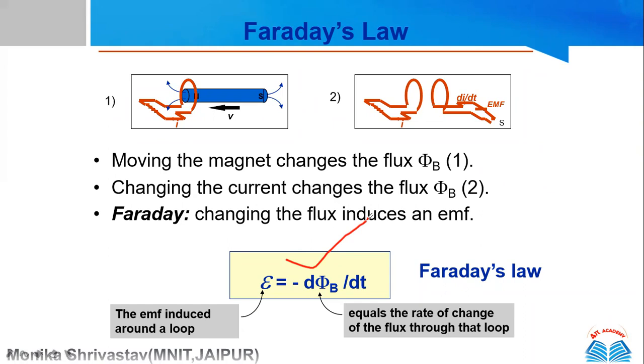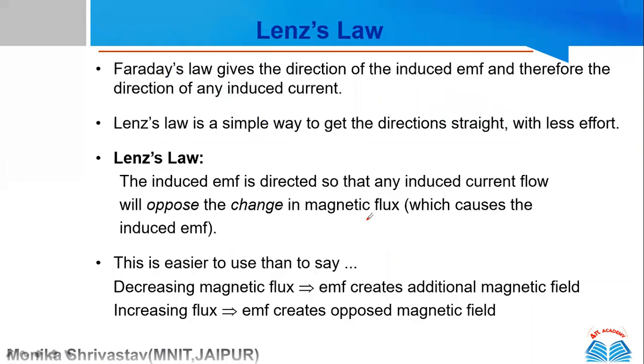So this dΦ_B over dt is basically the rate of change of magnetic flux in that loop. Okay. So Faraday gave some assumptions and then some results. He showed that for a coil, for a changing electromotive force, currents are also generated, and the electric field is also generated, and we can find out some terms like electric field, electromotive force, induced currents, etc.